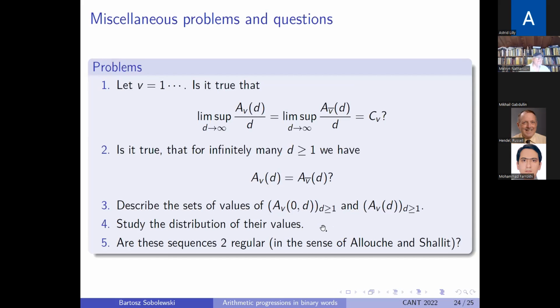However, I think that it's interesting to calculate the upper limits of the sequence AV of d over d, and also describe the values of these sequences and look at the distribution of their values. And also another question to consider is whether these sequences are irregular in the sense of Allouche and Khalid.